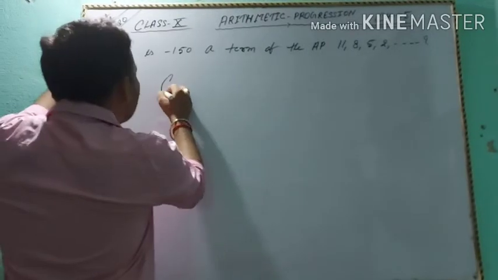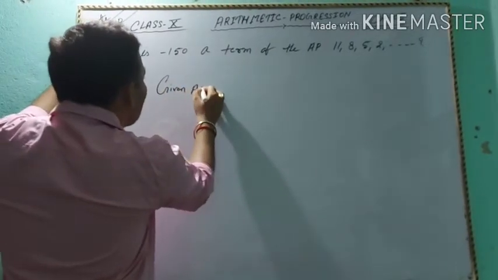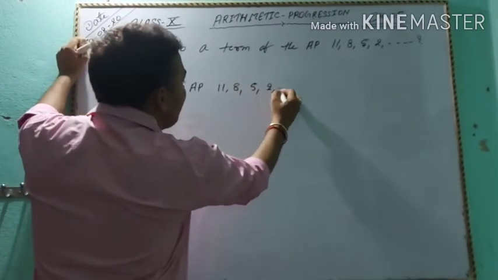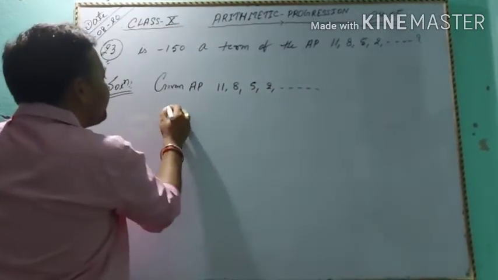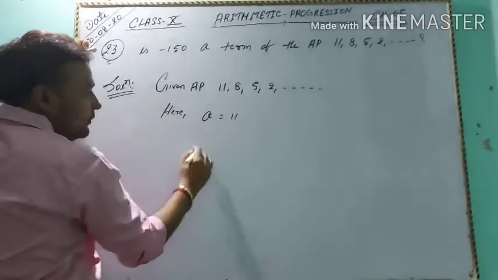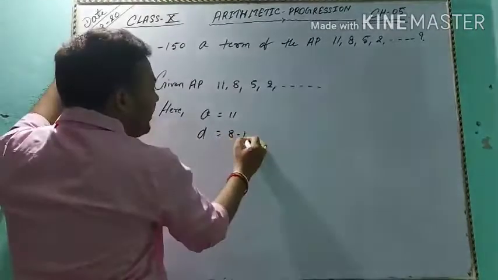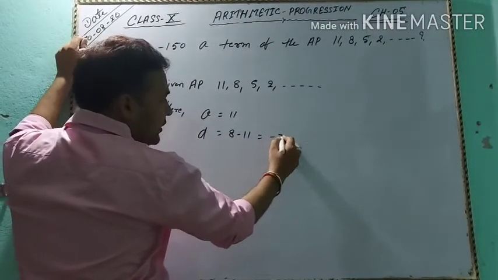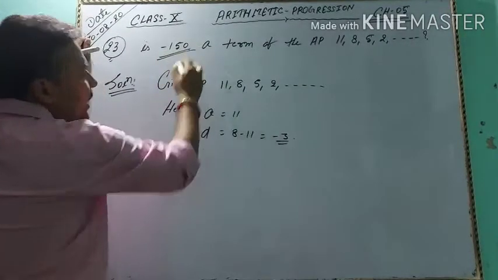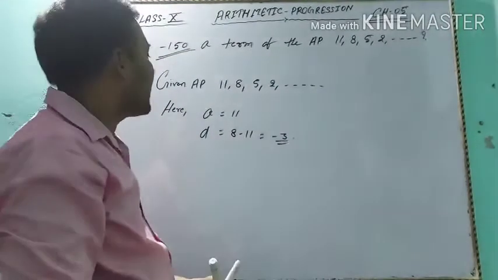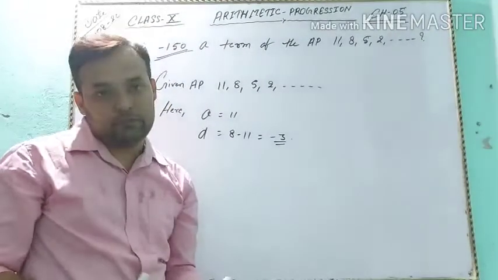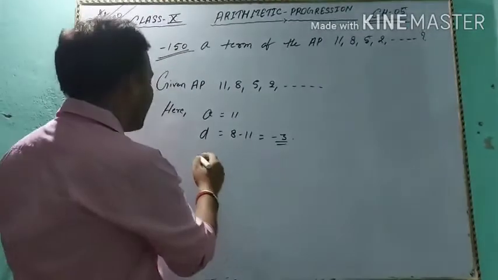The given AP is 11, 8, 5, 2. Here a equal to 11, d equal to 8 minus 11, that is minus 3, and Tn equal to minus 150. Let us assume that Tn, which is minus 150, is the nth term.